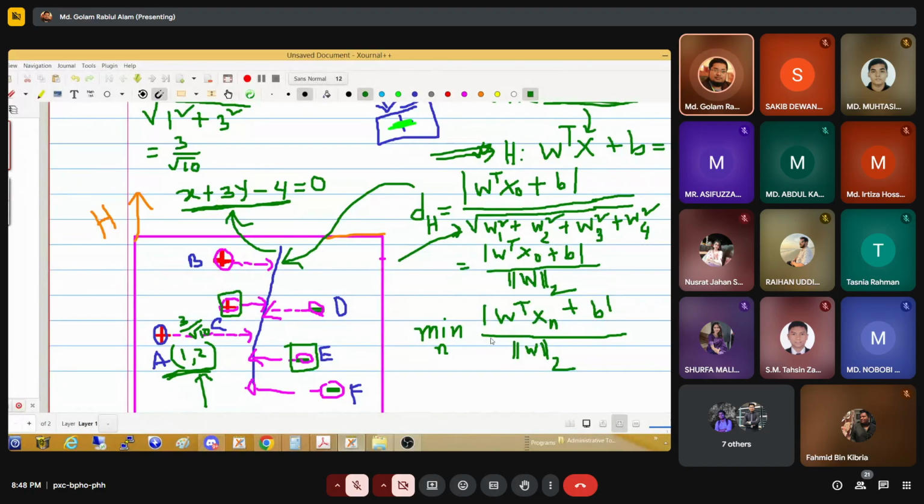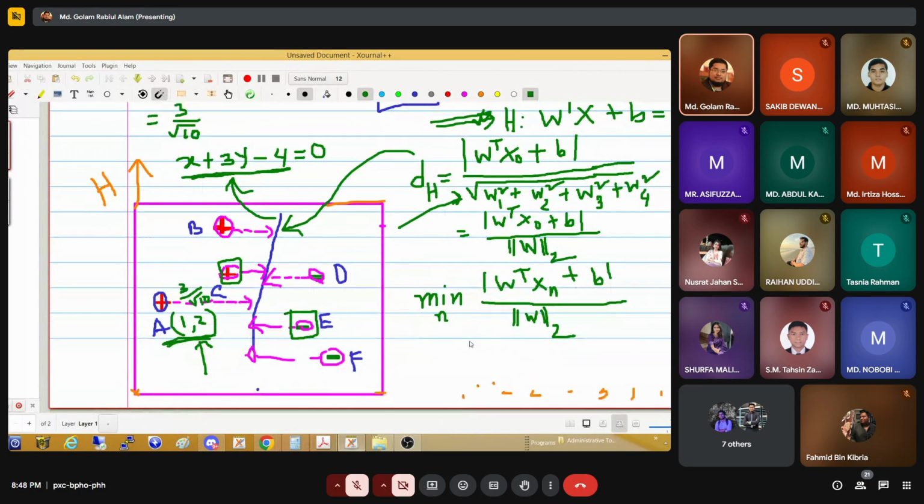For the maximization, which element is responsible for changing the orientation of our hyperplane? Like this is the line, how will it change? If we change the slope of this line, then the orientation will change.